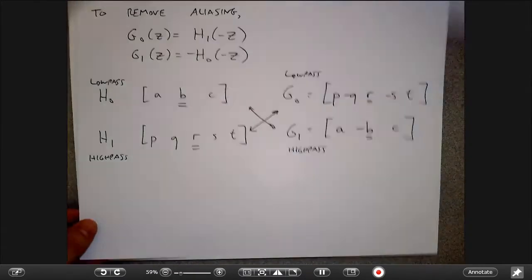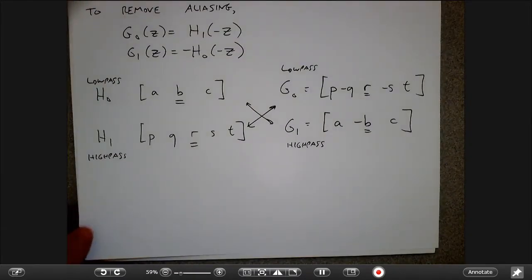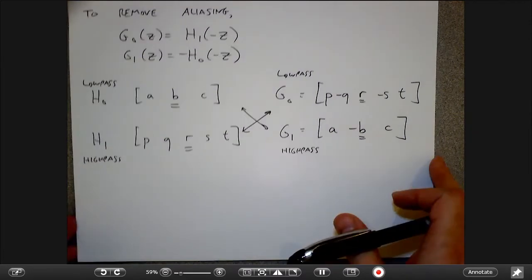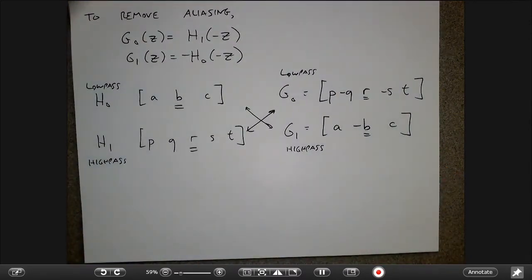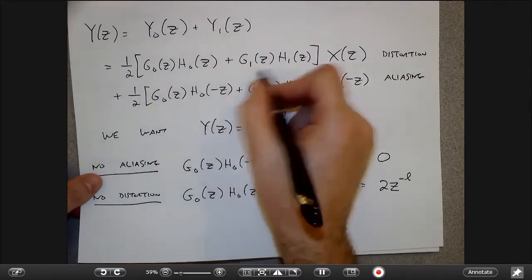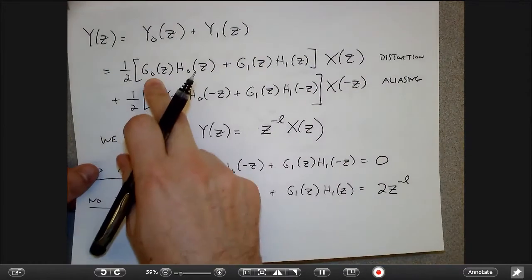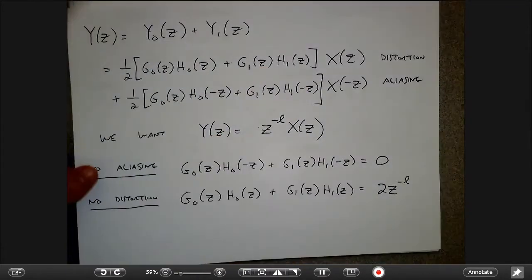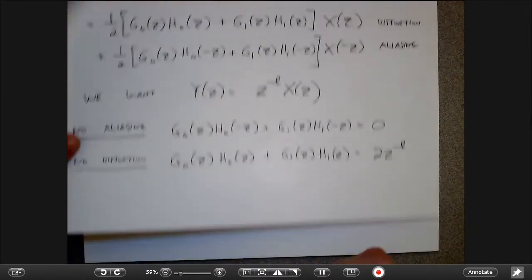Okay. And so that means that I can get rid of aliasing entirely just by fixing two of the filters as functions of the other two filters, right? So that's super easy. If I look back at my equation here, I can replace what I know about these G's.